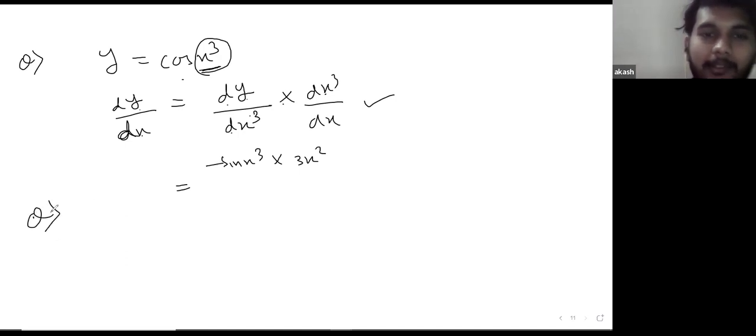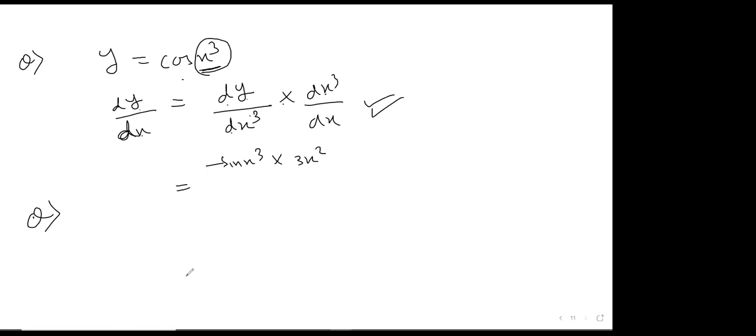But in 11th, please write it down, otherwise marks will be cut down by your teachers. The third method is also called chain rule, by the way. You must have done that in physics also, I guess.